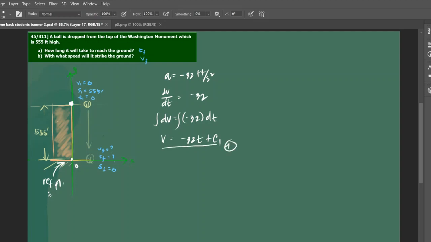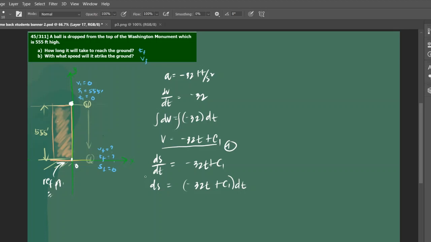Ang gagawin lang natin dito ay kukunin natin yung v equation, velocity equation, at saka yung displacement equation. And from those two derived equations, makukuha natin yung ibang required or unknown sa problem. And then, we apply v is equal to ds over dt. Tama? Negative 32t plus c sub 1. So, ds is equal to negative 32t plus c sub 1 multiplied by dt.